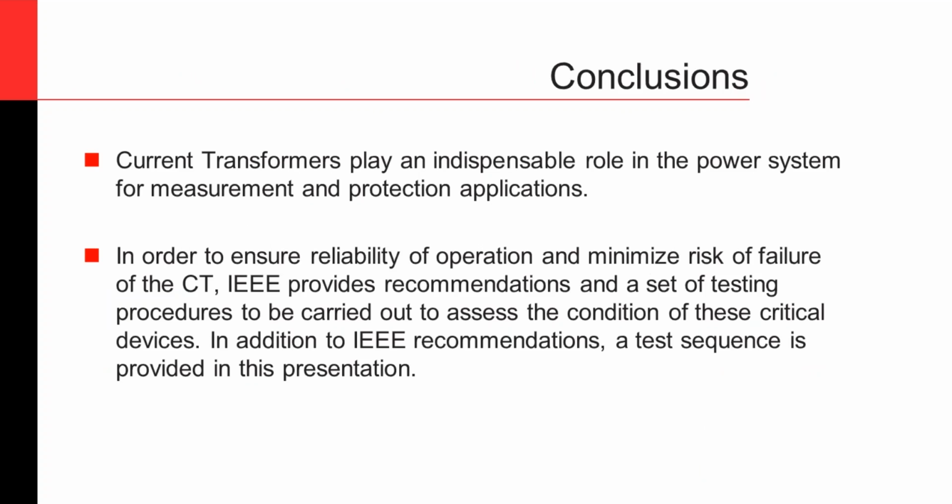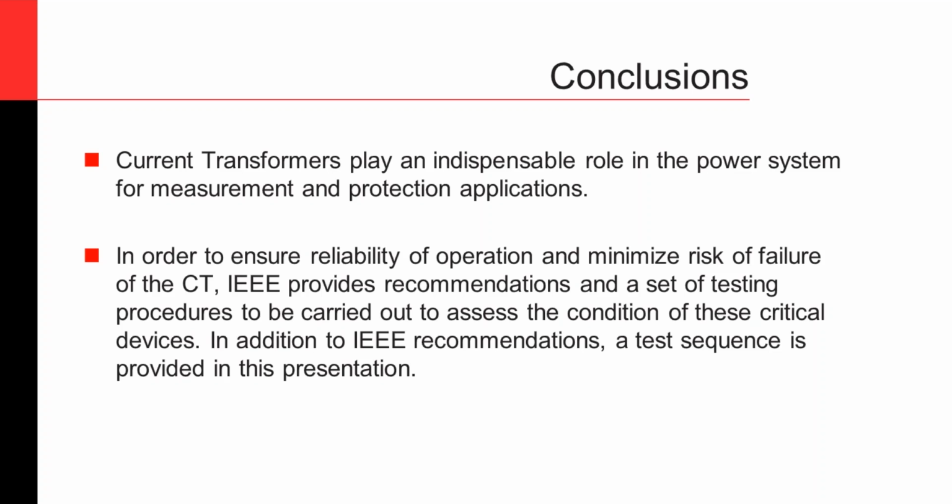So here's my conclusion. What we have covered during this presentation is we quickly went through the basics of CT. We talked about the definition of a CT. We talked about the different types of application of a CT.